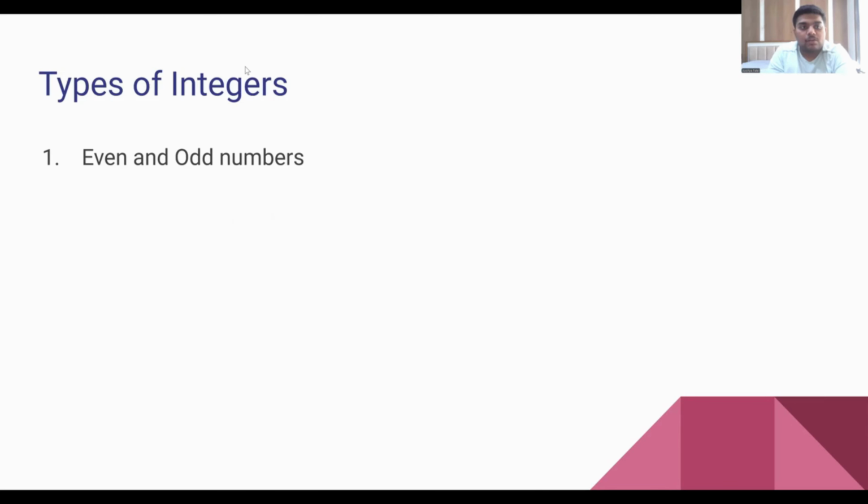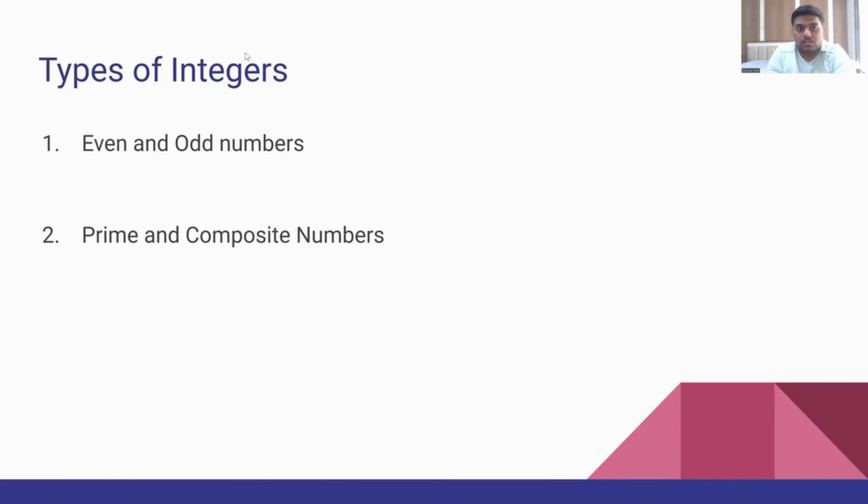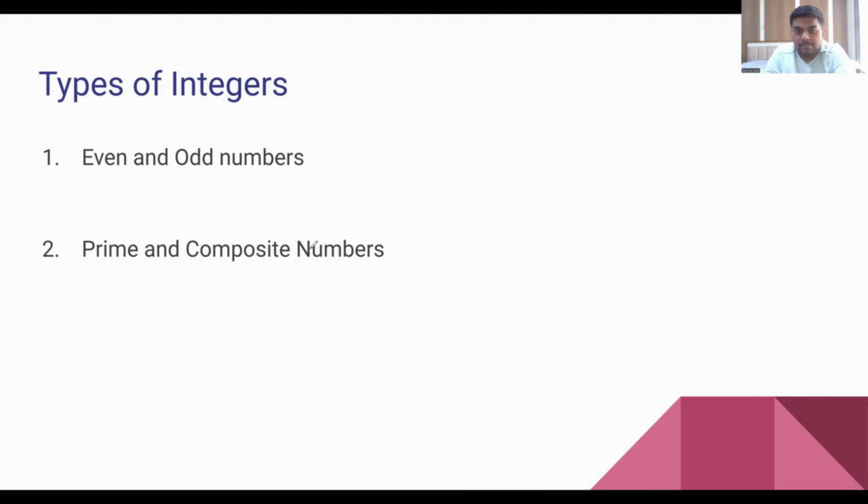Now we will look at the second bifurcation of integers, which are prime and composite numbers. Before learning what are these prime and composite numbers, let us look at factors of a number. A factor is basically a number that divides the given number perfectly and leaves no remainder.